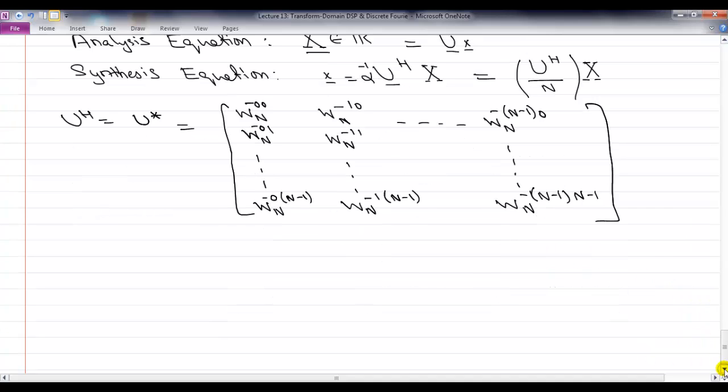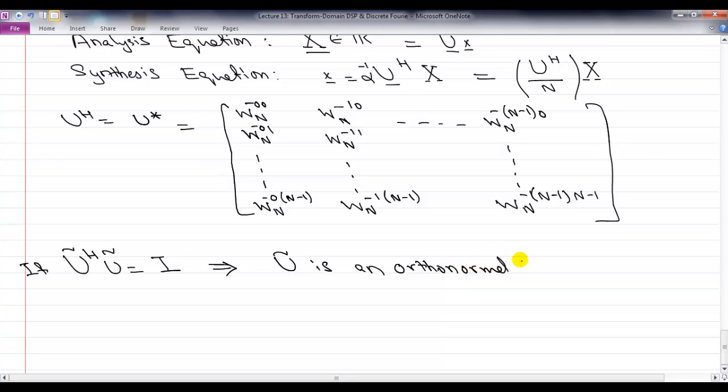One way of writing an orthonormal transform is that U tilde Hermitian U tilde, and let's use tilde because we are talking about a different transform, equals identity, then this implies that U tilde is an orthonormal transform. In the case of an orthogonal transform with equal magnitude columns, we get U Hermitian U as alpha times identity.